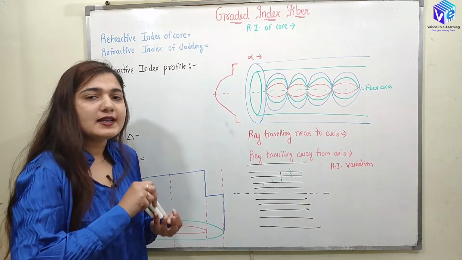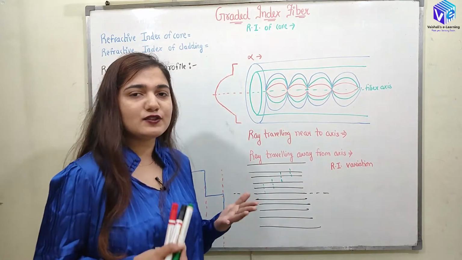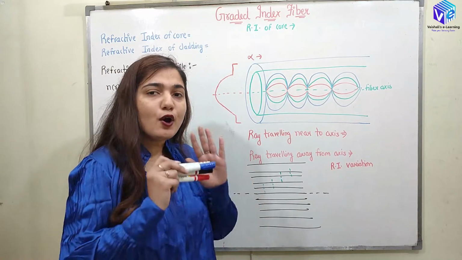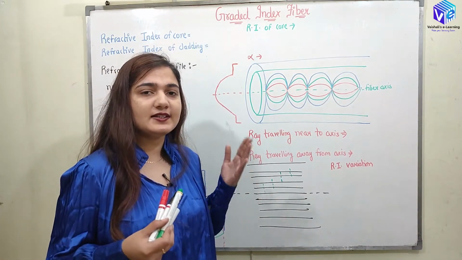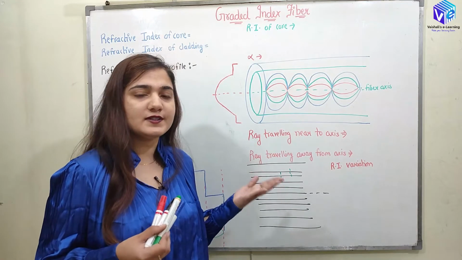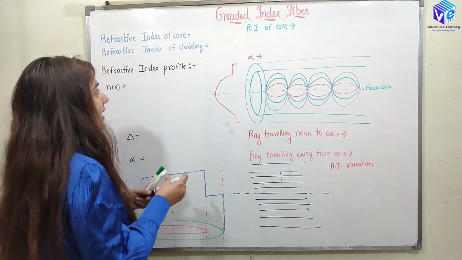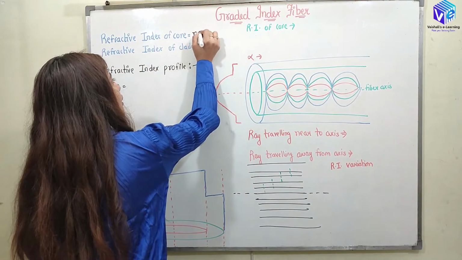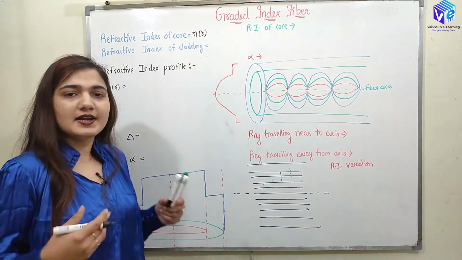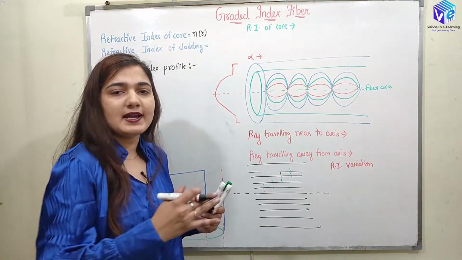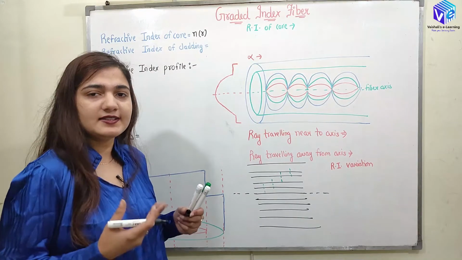The refractive index of the core is here not constant. In the previous case I said the refractive index of the core was constant, equal to n1, but here I will say it is a function of r. What is r? r is the distance from the fiber axis. The fiber axis is at the center of the core.